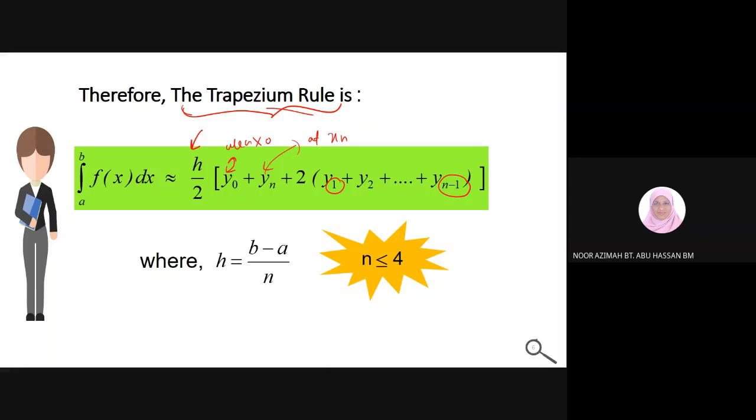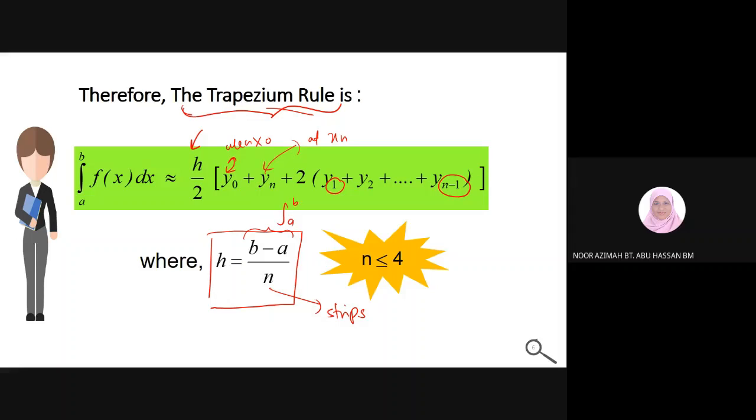And the formula of h, how to find h? The width of each strip is (b minus a) over n. What is n? The number of strips that we have. What are a and b? They are from the interval, to integrate from a to b.